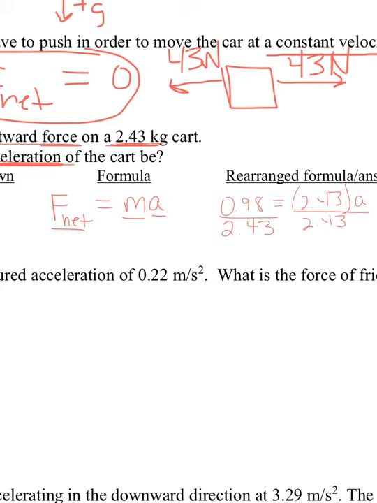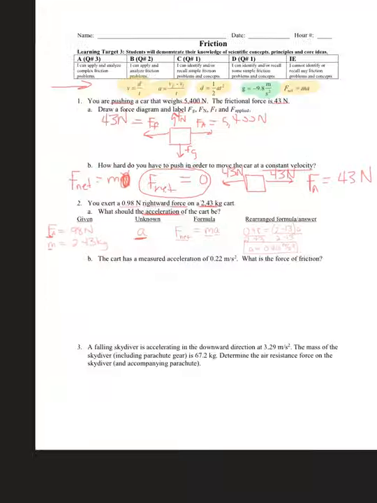It's 0.98 divided by 2.43, and that gives me 0.40, so my A is equal to 0.40. And it's an acceleration, and I never forget my units. Acceleration's units are meters per second squared, and that is my answer. All right, now I have my answer for number 2.